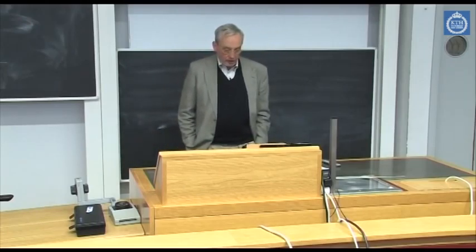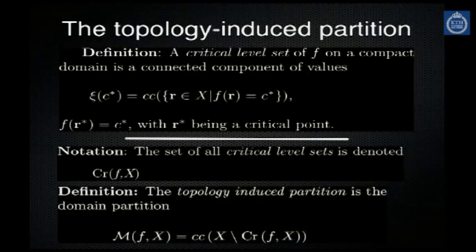All right, so a critical level set of F on a compact domain is a connected component of values in this set of connected components of level sets that corresponds to the critical point.